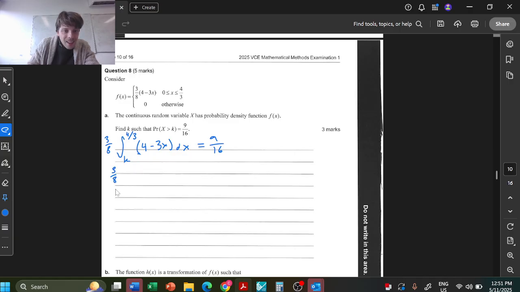So we've got 3/8 times 4x minus 3/2 x squared. Okay, there we go. Going back to that, that's equal to 3/8 times 4 times 4/3 minus 3/2 times 4/3 squared.